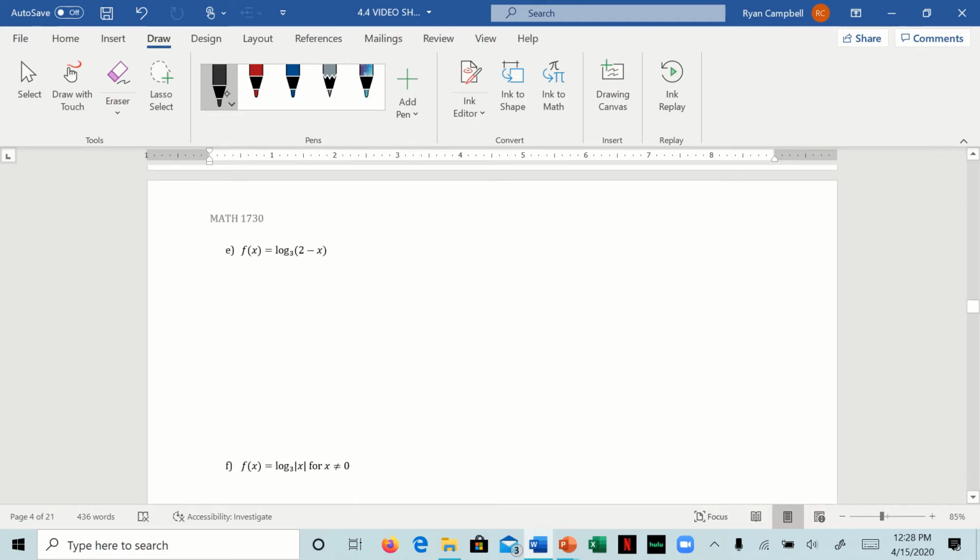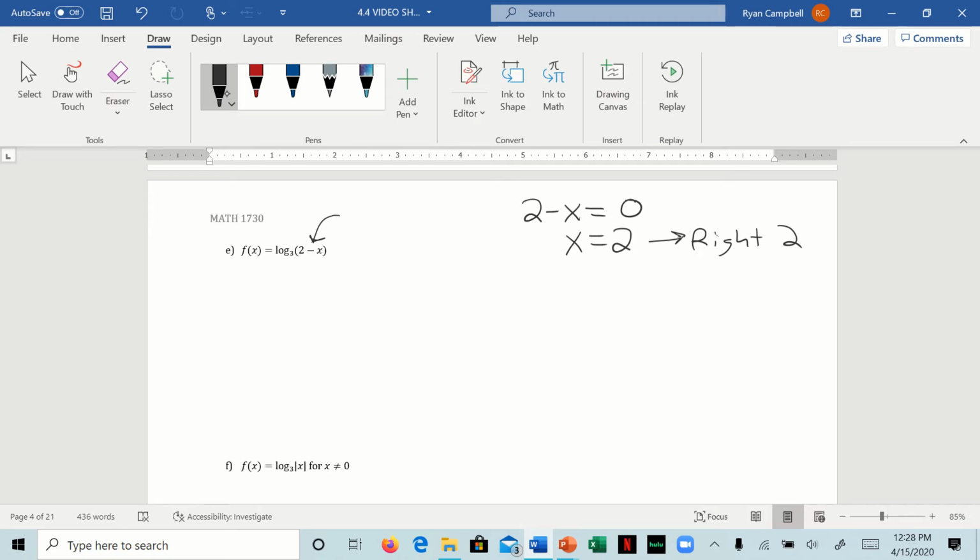All right, let's do 2 minus x. If we set 2 minus x equal to 0, we see that x is actually positive 2, which means it's going to go to the right 2. But what's the first thing that actually happens to this function? Hopefully you see the first thing that happens is that negative.